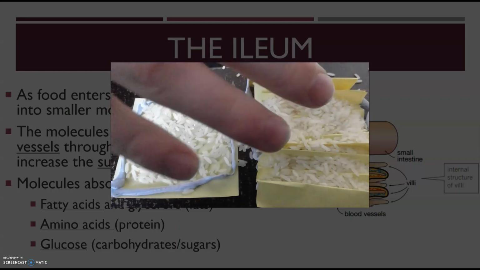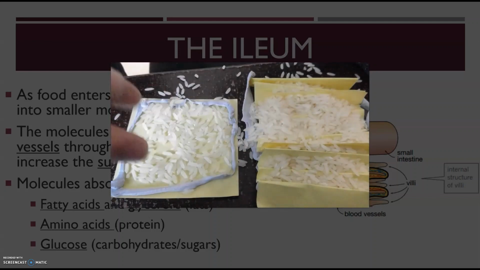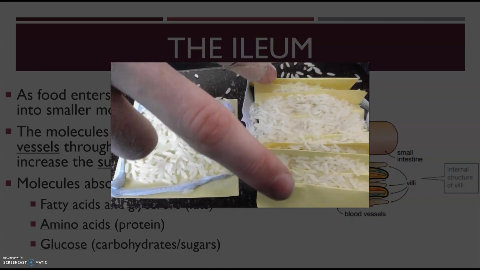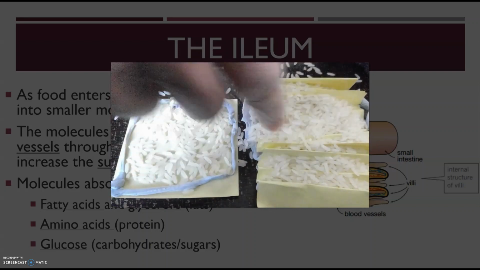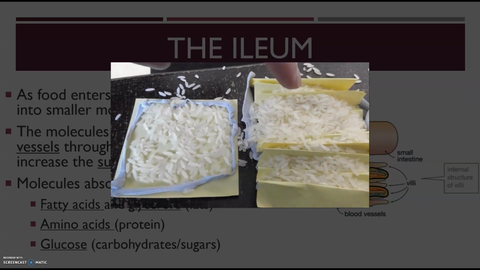That's the purpose of increased surface area. It's to increase the amount that something can get sucked up. So if this was the side of the small intestine, a lot more rice can get sucked up because all of the rice here is attached to the sides of the walls.